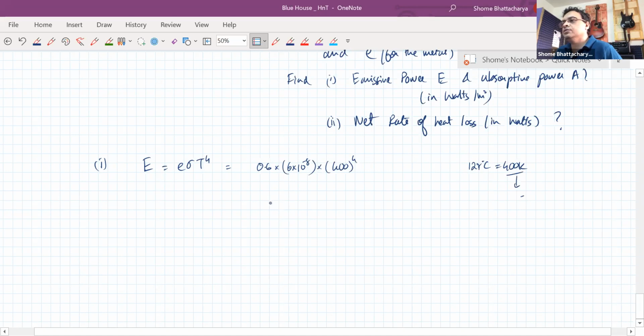So this becomes 0.6 into 6 into 4 to the power 4 into 10 raised to minus 8 into 100 to the power 4. These two will automatically balance each other. So that is 0.6 into 6 into 256, in watts per meter square.